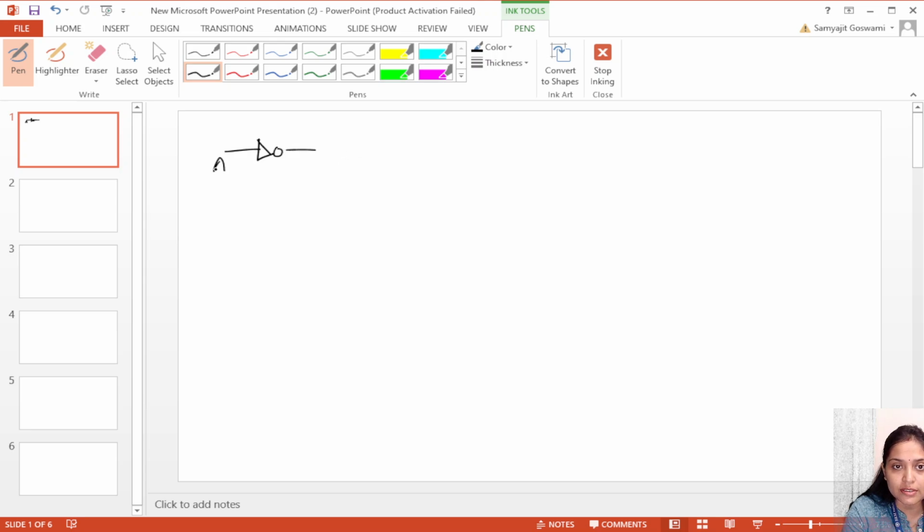Okay, so this is A, this is A bar, and this is the NAND gate. If I give A and B here, the output is (A B) bar.